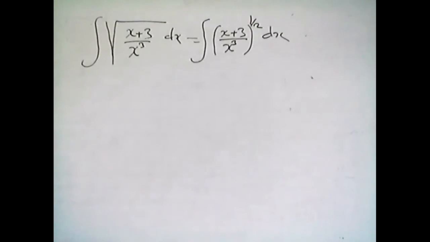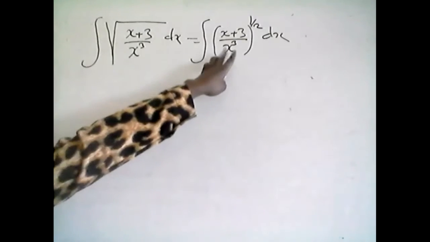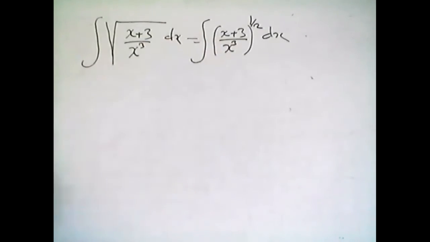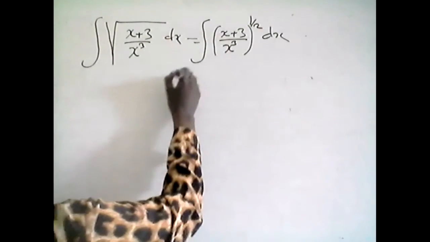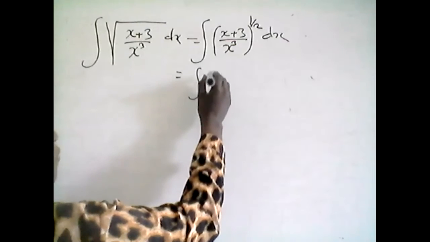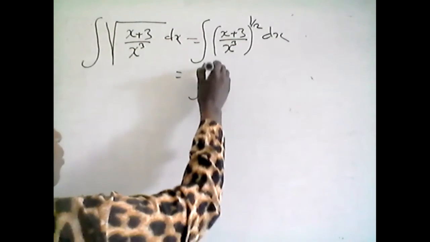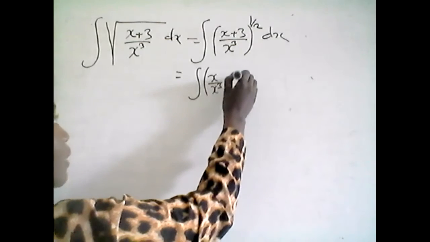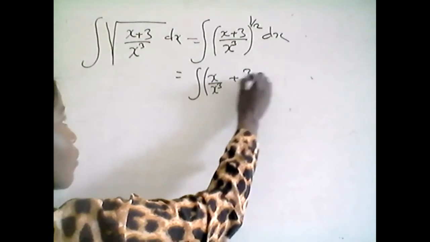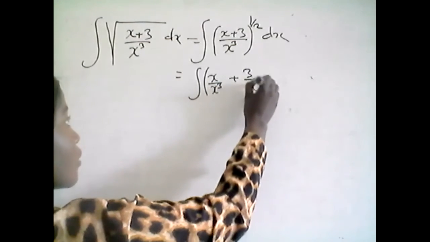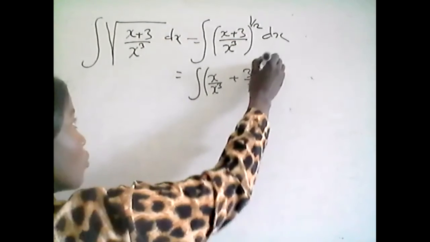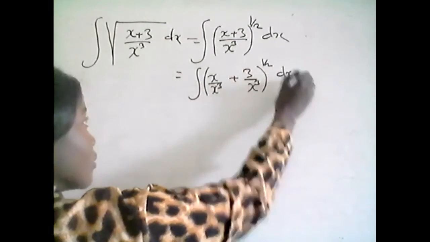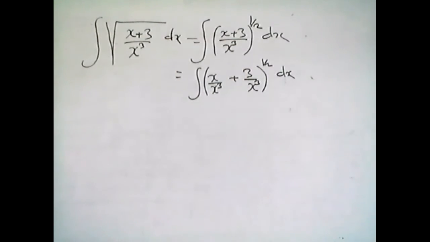And then, if that's our square root, next we're going to chunk what we have there. So this will give us the integral of x over x cubed plus 3 over x cubed, all to the power 1/2, dx, like that.